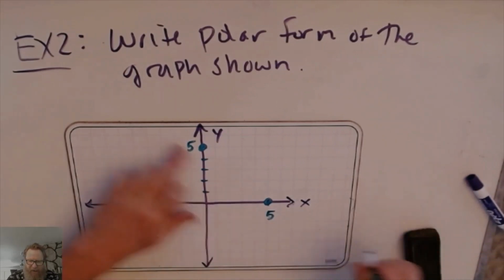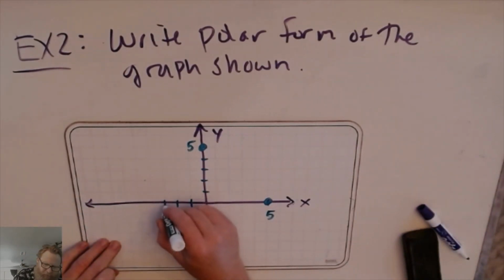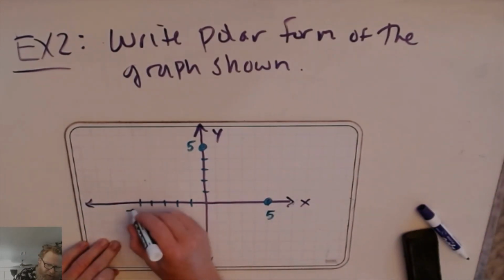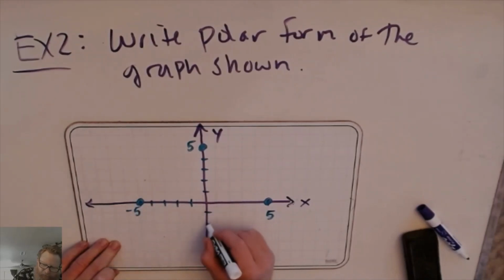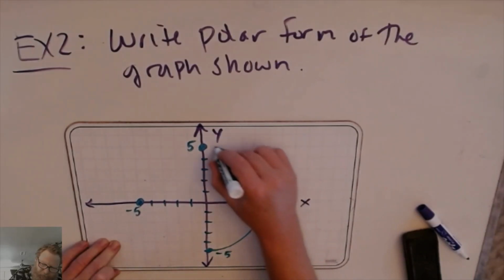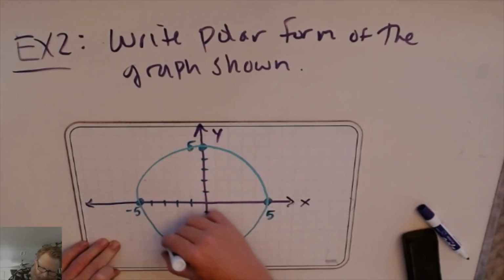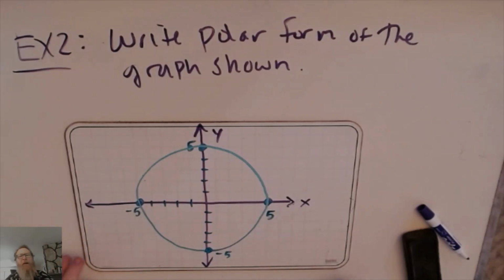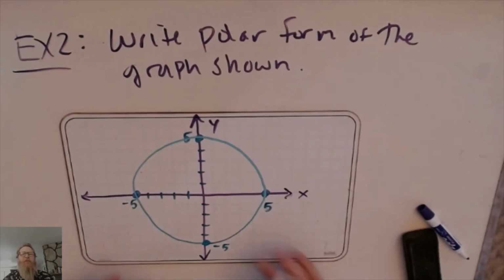So we got 5, 5, negative 5, negative 5. I'm not using any tools, so pardon my funny looking circle, but that's a circle.